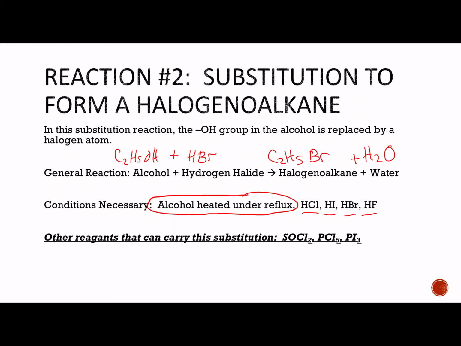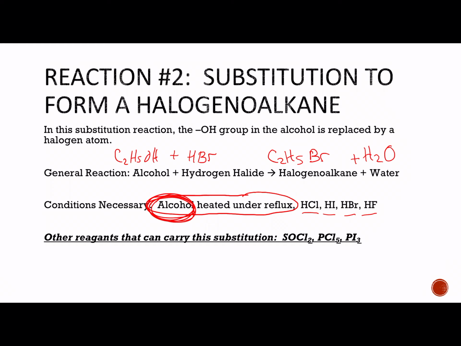Notice it is also alcohol heated under reflux, so you would have to include that in conditions. And by the way, in your Cambridge questions, you can be asked for conditions, so make sure you are writing them down for each type of reaction.